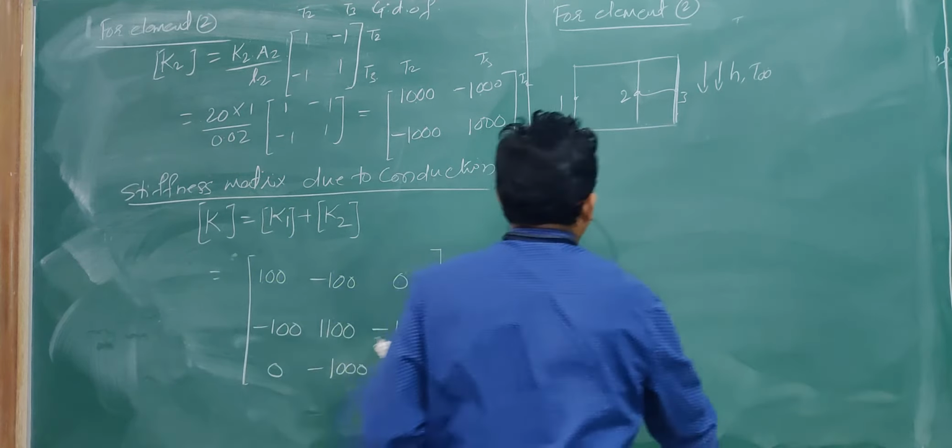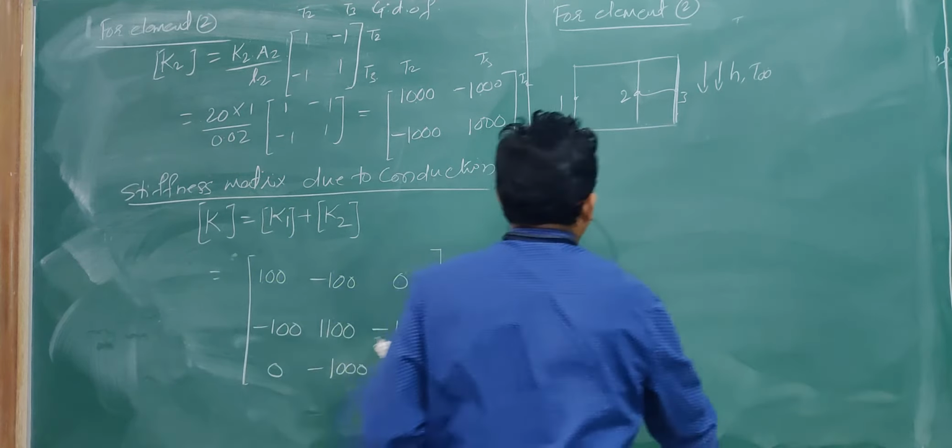I'll denote this as KH, and for element 2, KH2, I'll write it in brackets so that there will not be confusion. Already we have derived this: A into H times the matrix 0, 0, 0, 1. The columns and rows correspond to T2, T3.